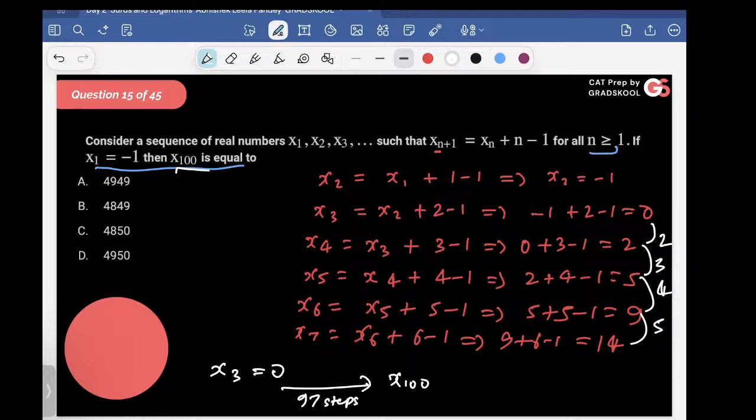Is that right? तो जो value होगी x100 की, simple तरीका, वो x3 में 97 बार ये चीज जुड़ेगी. 2 plus 3 plus 4 plus 5, ये कहाँ तक जाएगा? ये 97 बार जुड़ रहा है. एक बार जुड़ा तो 2 हुआ, 2 बार जुड़ा 3 हुआ, तो 97 बार जुड़ेगा, ये 98 तक जाएगा.